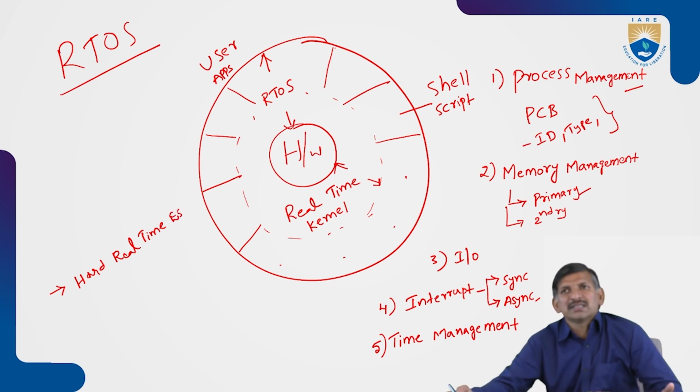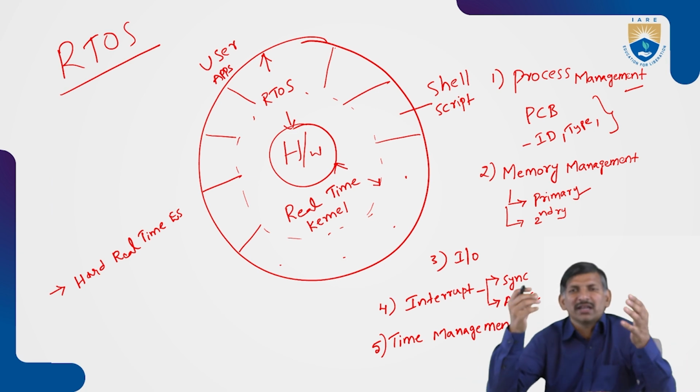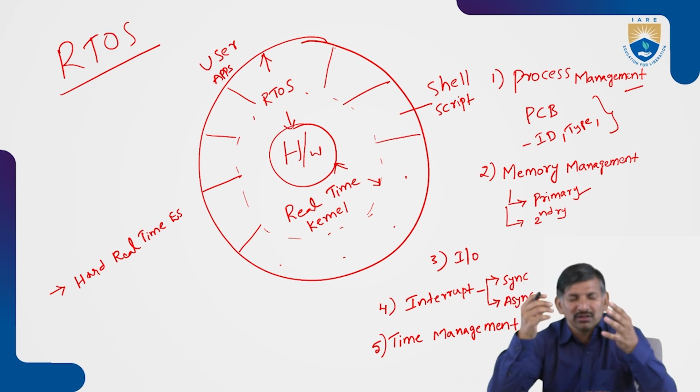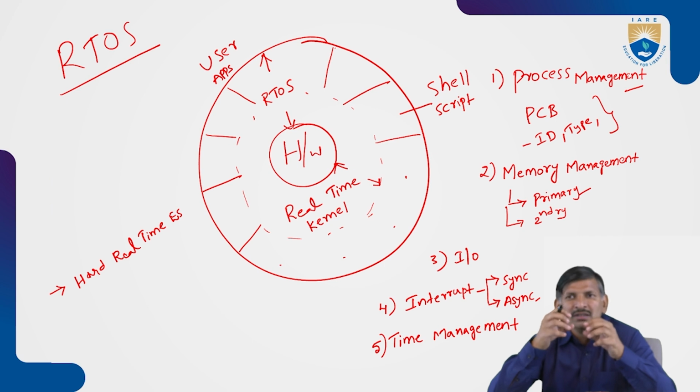Hard real-time embedded system means missing a deadline may cause loss of life or property. Suppose an object is coming in front of a vehicle, and after applying the brake, if it is not working properly or not controlling the vehicle movement, the vehicle will hit the object and the vehicle may be damaged.